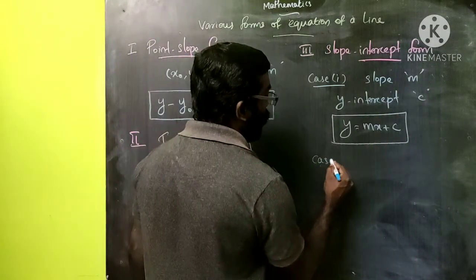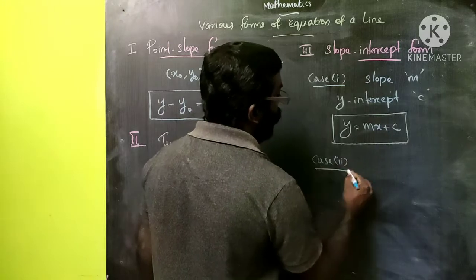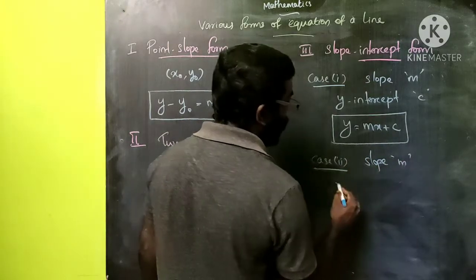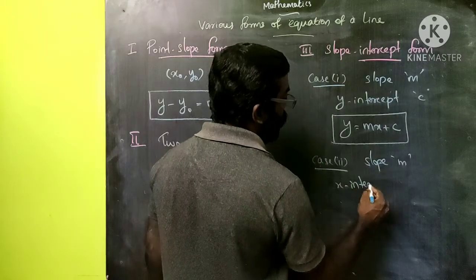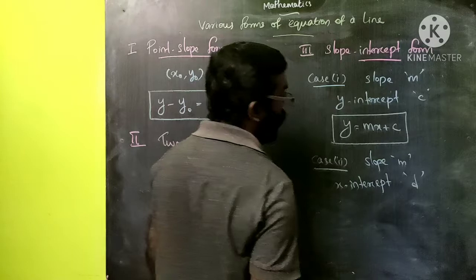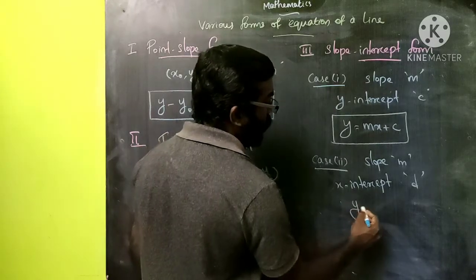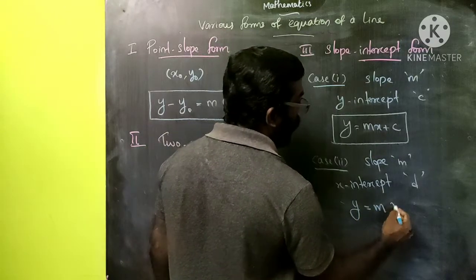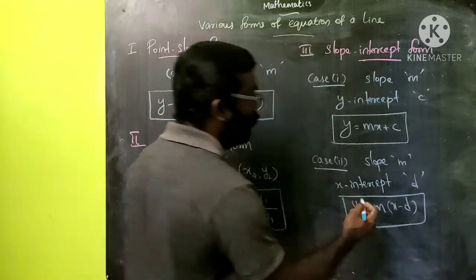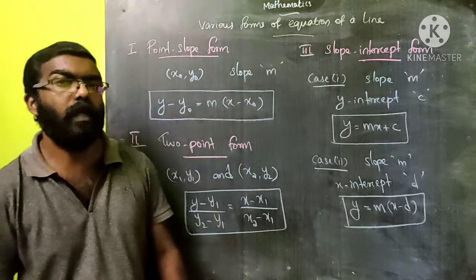And case 2, the second one is, if we know the slope and x-intercept. Here the x-intercept we take it as small letter d, and the equation of that line is y is equal to m into x minus d.